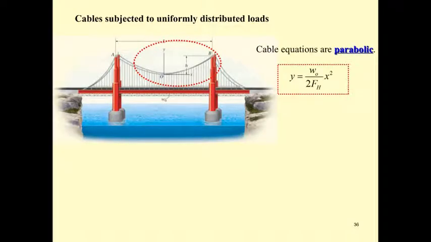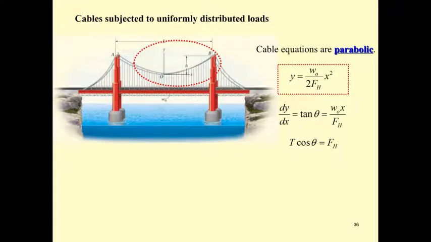Let me conclude it. First, the cable equation is the parabolic equation, and it has the equation in the form like this. And this form of equation is only obtained when the coordinate is set like this: coordinate origin at the lowest point of the cable.